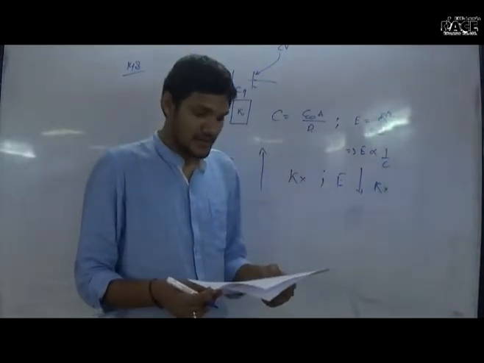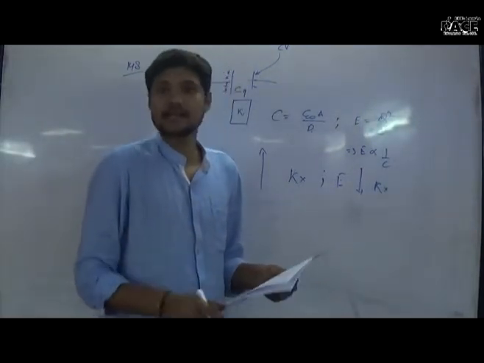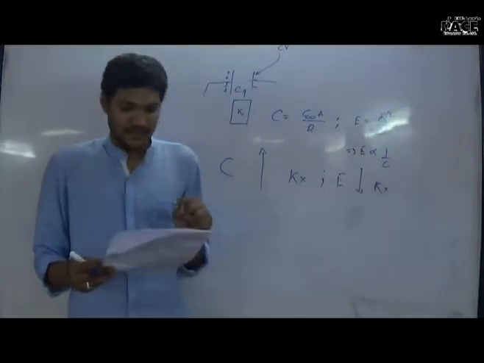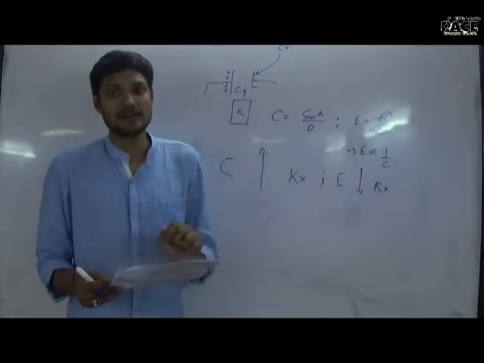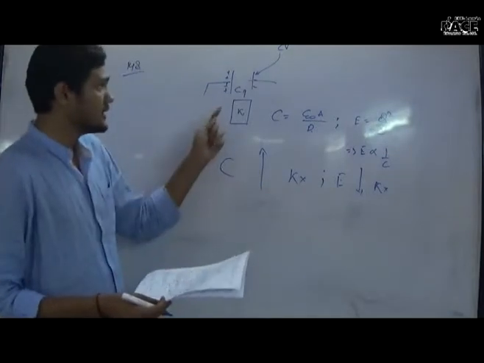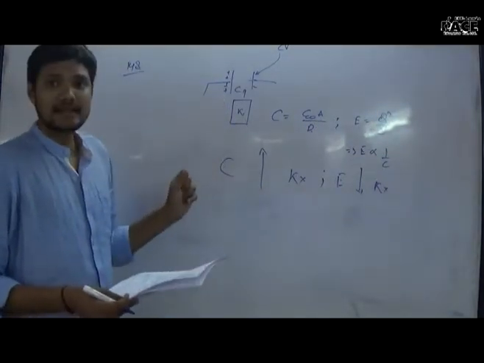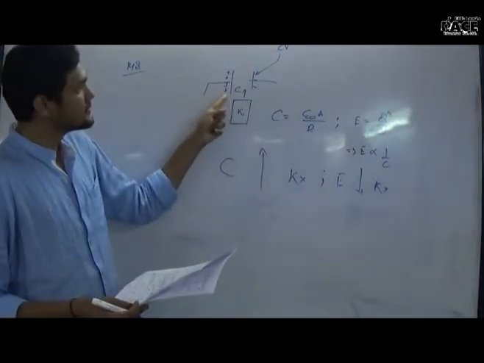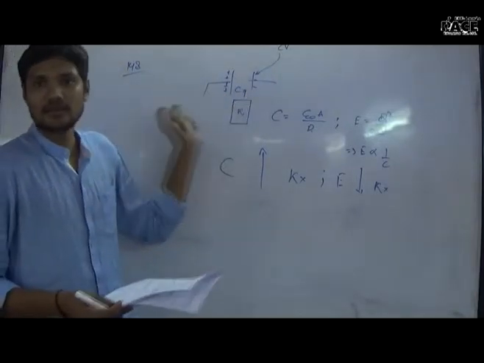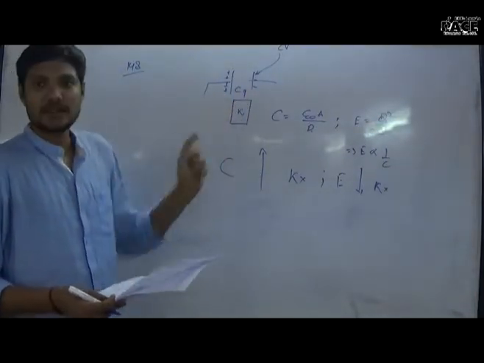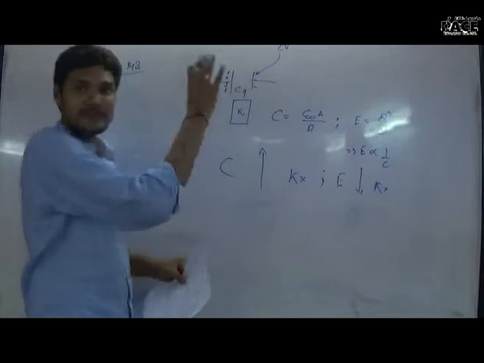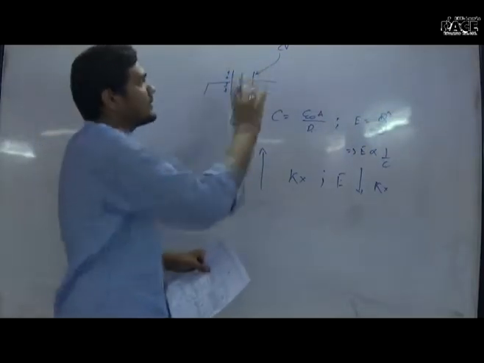But option 3 clearly is incorrect because it says that the charge on the capacitor is not conserved, which is actually conserved, because after the battery is disconnected, there is no way this charge is going to move from this plate to this plate. There is no wire connected between these two plates. So the charge on this plate will always be plus CV, and on this plate always minus CV.